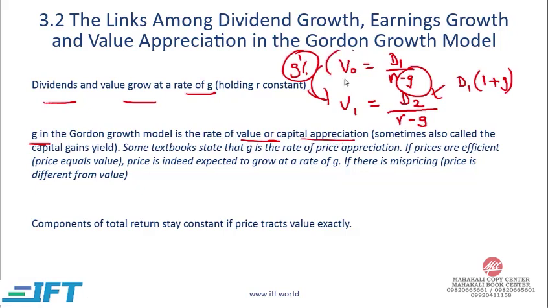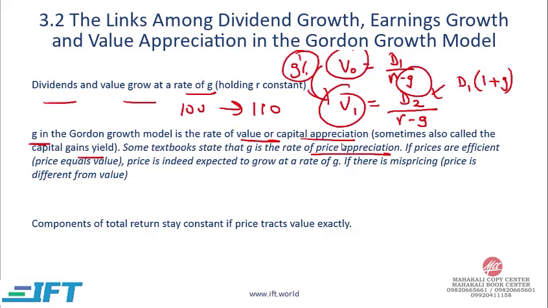So G is the rate of appreciation of value. Sometimes also called the capital gains yield. So if your value increases from 100 to 110, what is the capital gain? It is 10%.